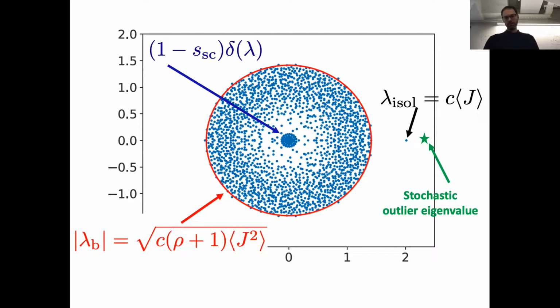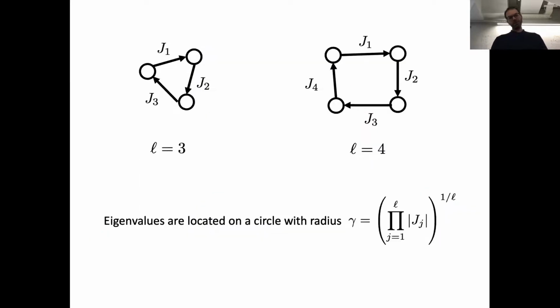Well, the argument of the existence of those stochastic outlier eigenvalues is fairly simple. It goes as follows. Suppose a network will always have a probability to have disconnected cycles of this form. So these are strongly connected components disconnected from the largest strongly connected component.